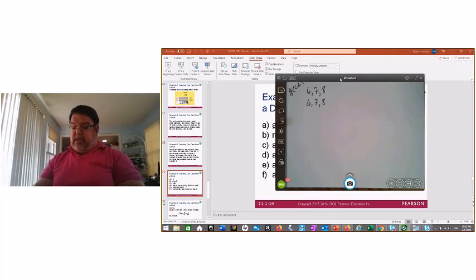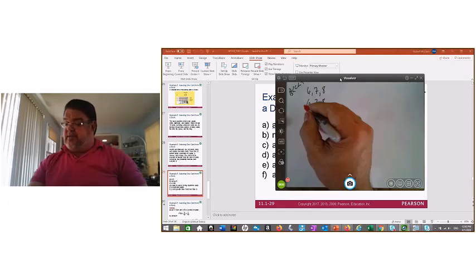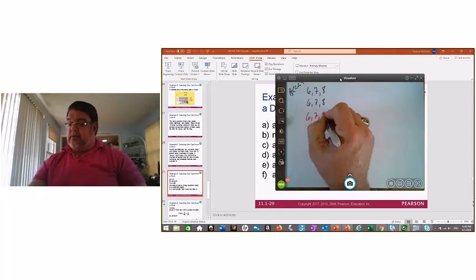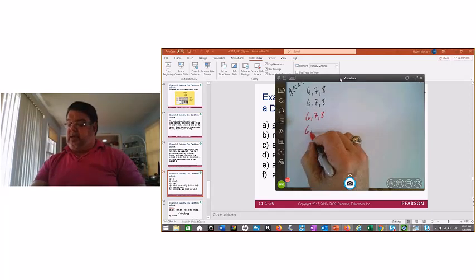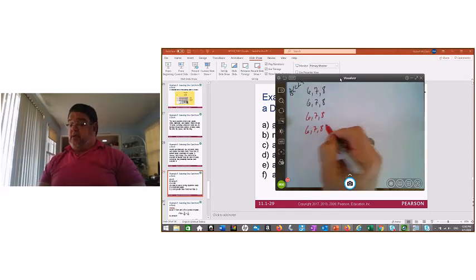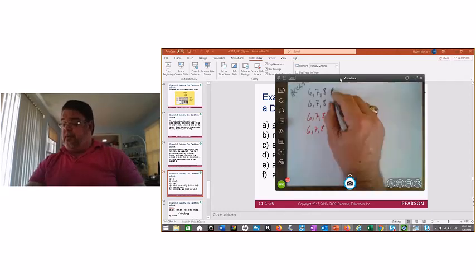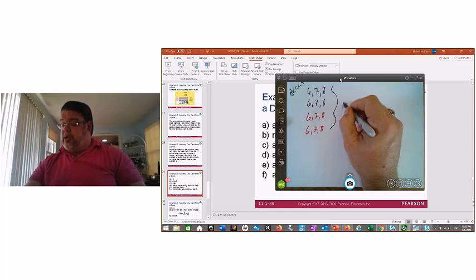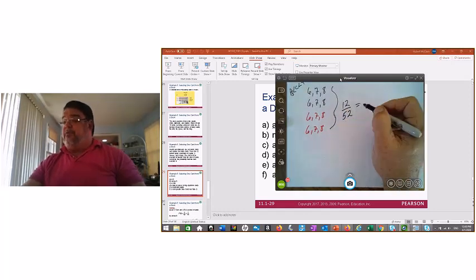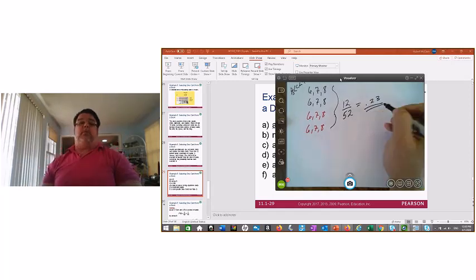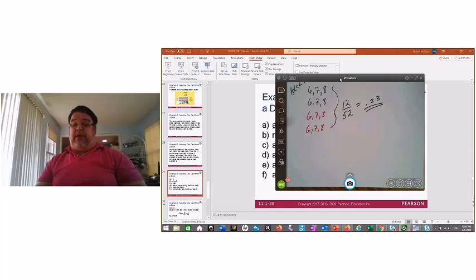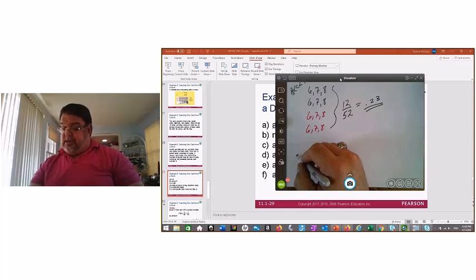So that means red, we would have 6, 7, and 8, and another 6, 7, and 8. So again, 3 times 4 is 12. So that's 12 over 52, and I think we said 12 over 52 was 0.23.